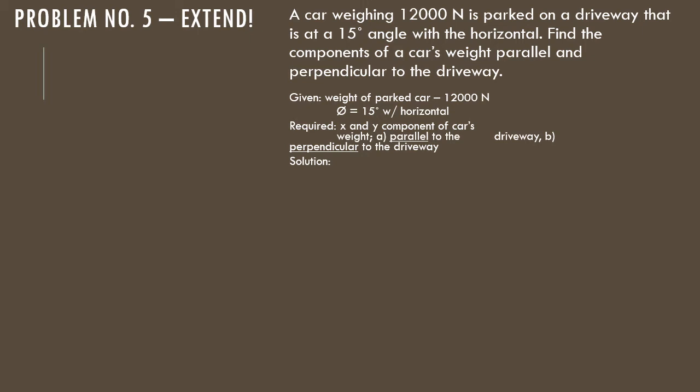The angle is 15 degrees with the horizontal. So yung reference natin ay horizontal o yung x-axis. So yung required is x and y component of the car's weight, A parallel to the driveway and B perpendicular to the driveway.